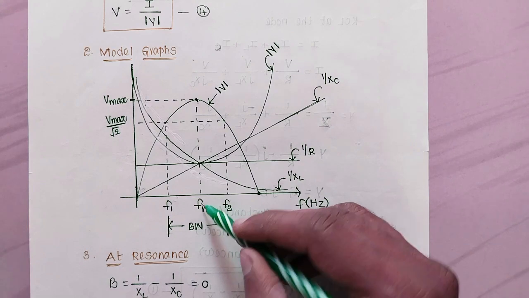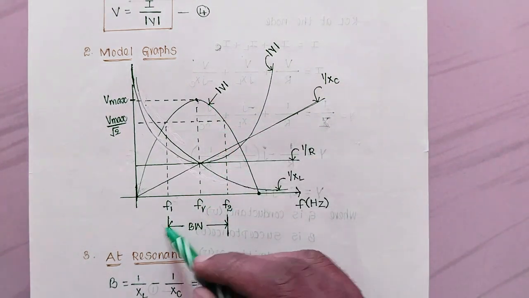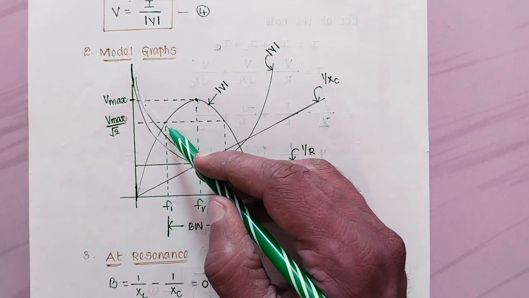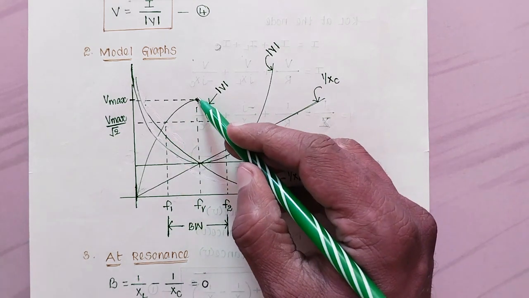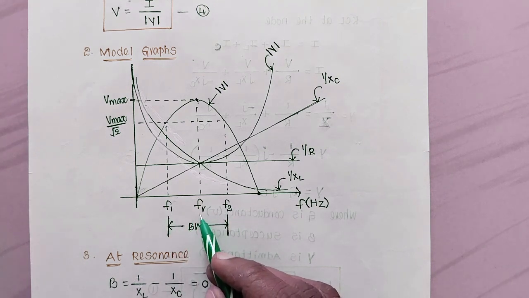At resonance frequency, voltage across the circuit is maximum, V max. At cutoff frequencies, voltage across the circuit is 1 by root 2 times the maximum value at resonance, or otherwise 71% of the maximum value at resonance. The distance between the cutoff frequencies is nothing but bandwidth.